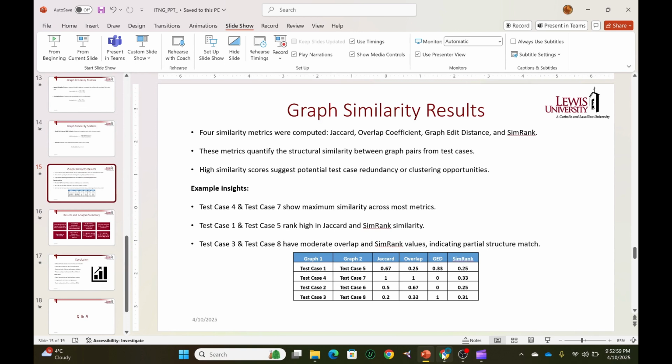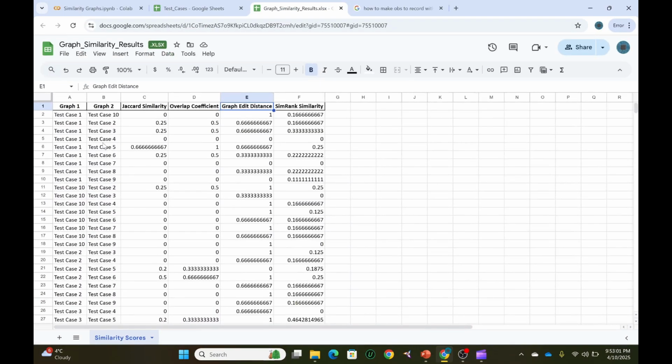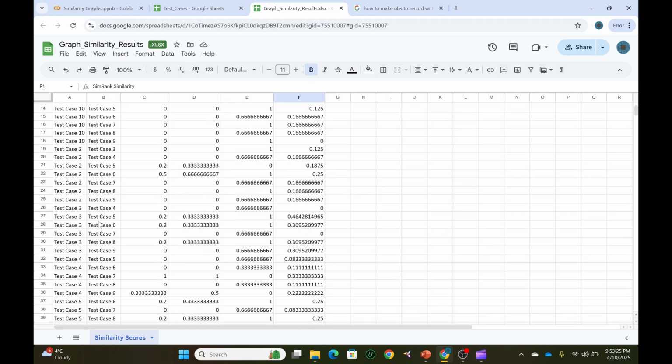I can also show you the entire complete table of the output here. This is graph 1, graph 2, and these are the scores for comparison between each test case. Here we have all comparisons between each and every test case.